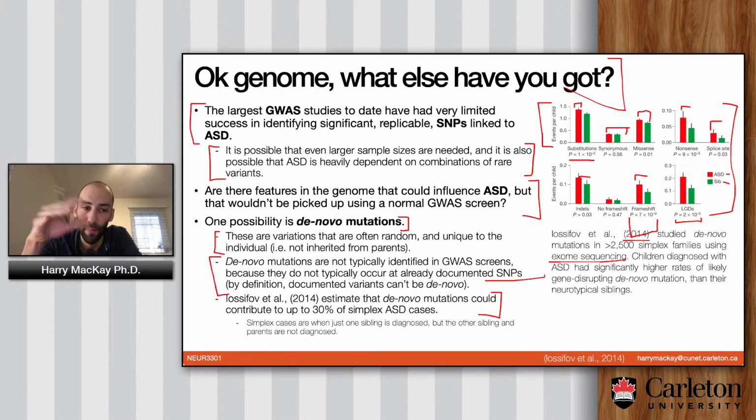So the families are the same, the basic genetic background is the same, but the rate of mutations is much higher in the ASD case. And this would suggest that ASD in part is due to de novo mutations, which of course would be impossible to detect using GWAS studies.